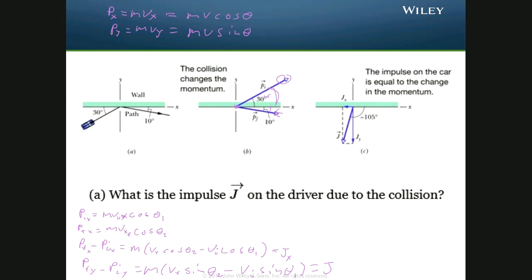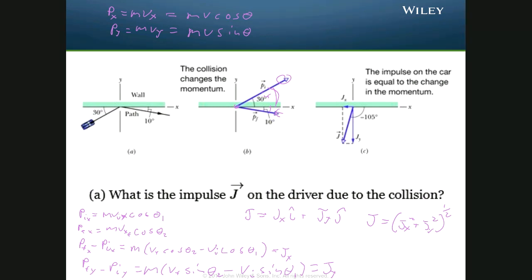And if you want to get the total impulse, J will be equal to Jx in the i hat direction plus Jy in the j hat direction. If you want to find the magnitude of J, you can just use your Pythagorean theorem. So that will give you that.